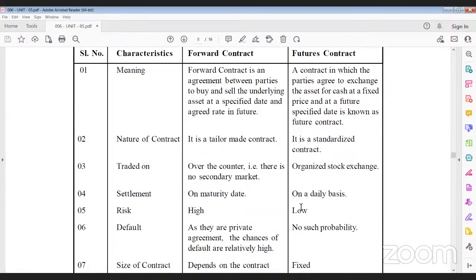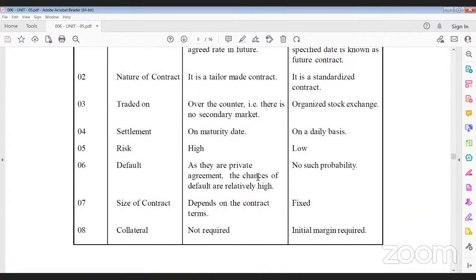Now, look at the settlement. Settlement for forward contract happens only on the maturity date, whereas for future contracts, it is on a daily basis. The risk is very high here, and because futures are standardized, the risk is quite low.